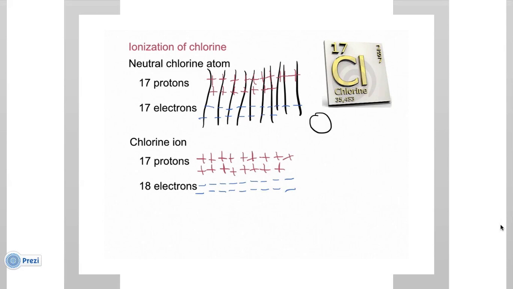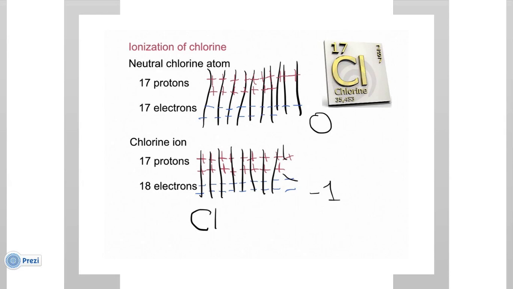So when we go to cancel out the charges, each positive proton cancels out a negative electron. Eventually what happens is we're left over with a negative charge. So we have an overall charge of -1. Therefore, we write the chlorine ion as Cl-.